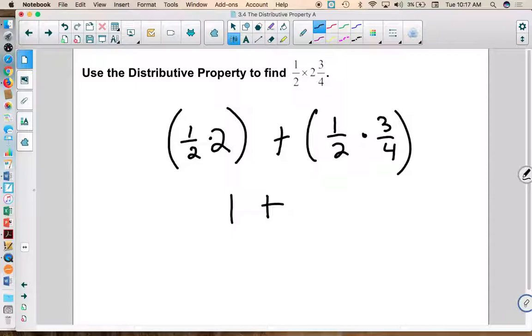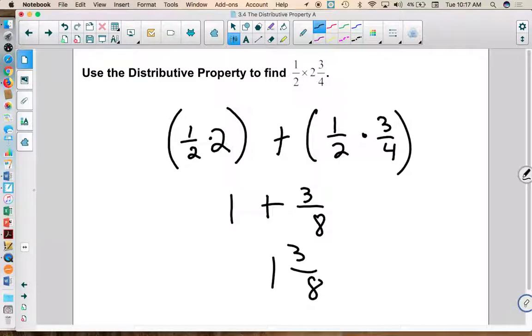Yeah, 3/8. 3/8, good. So 1 3/8 would be my final answer. Okay? Can you do that in your head? 1/2 times 2 is, half of 2 is 1. Half of 3/4 is 3/8, and you add them together, 1 3/8.